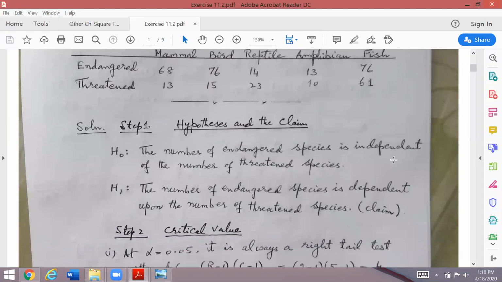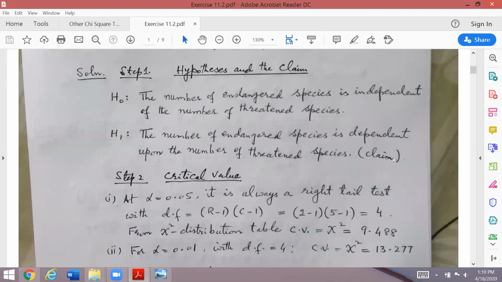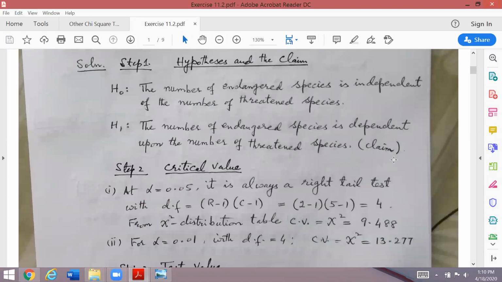And now we find the critical value, damn simple. We have been given two alphas, so we find two critical values. Then we'll see where our test value falls. At alpha equal to 0.05, it is always a right tail test with degree of freedom, the new formula I told you: rows minus 1 times columns minus 1.